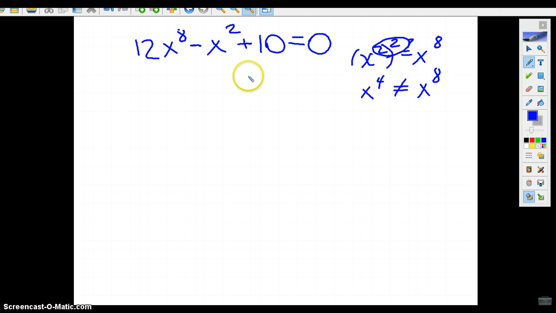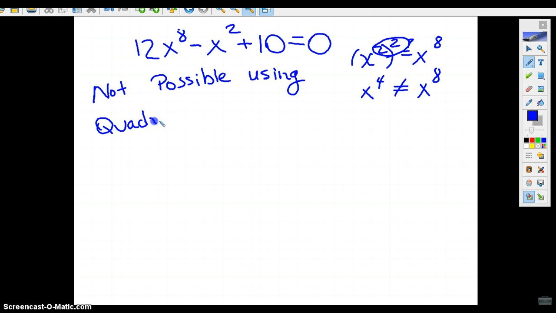So we cannot solve this using quadratic techniques. So we say not possible using quadratic techniques. We are going to discuss other ways to do it, but right now we're just worried about quadratic techniques.